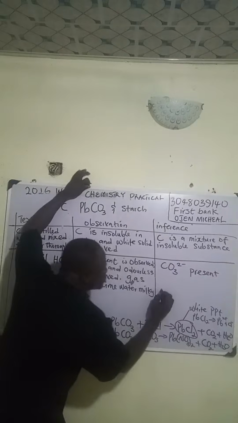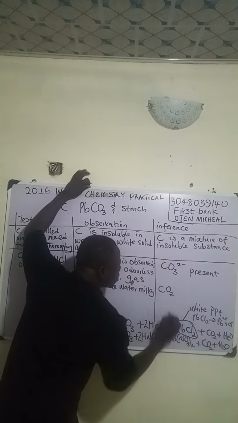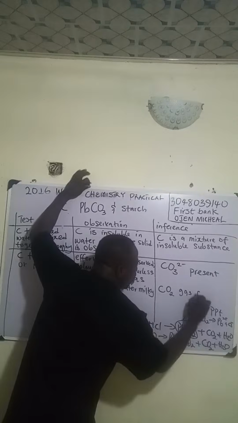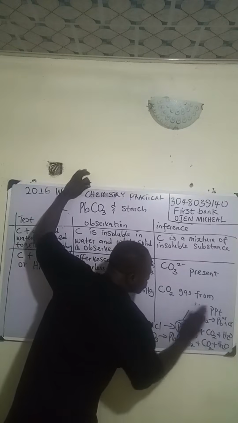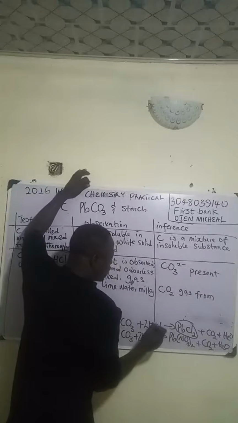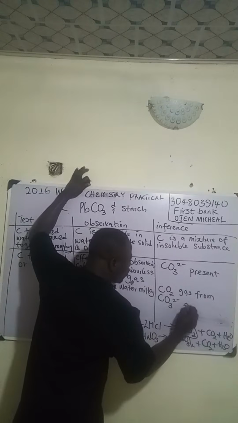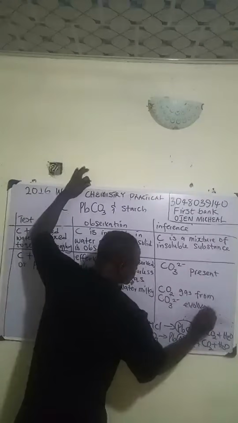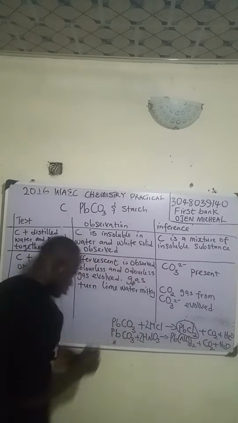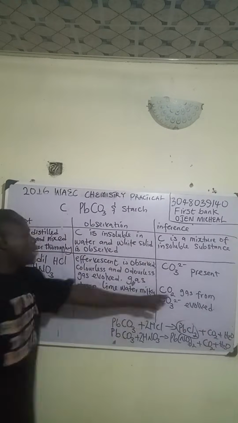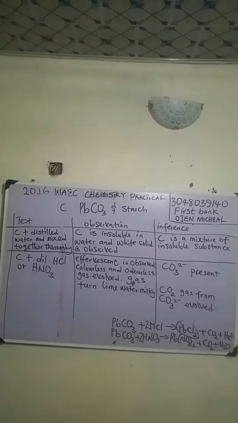In your inference here you say: CO2 gas from CO3 2- evolved. This is what you are going to write. Just write that. In your inference, that is what you are going to write.